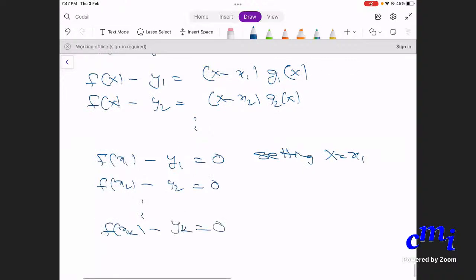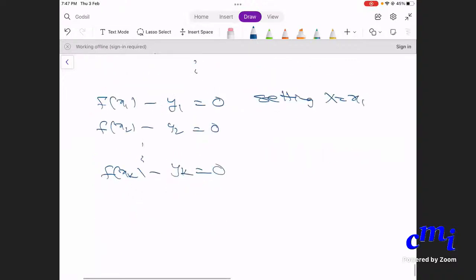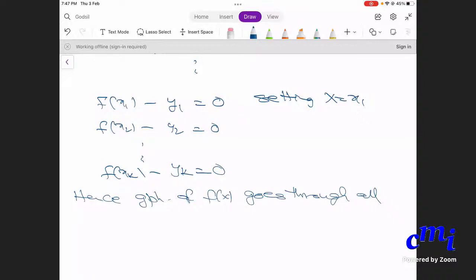And therefore, the graph of f(x) goes through all the points (x1, y1) up through (xk, yk).